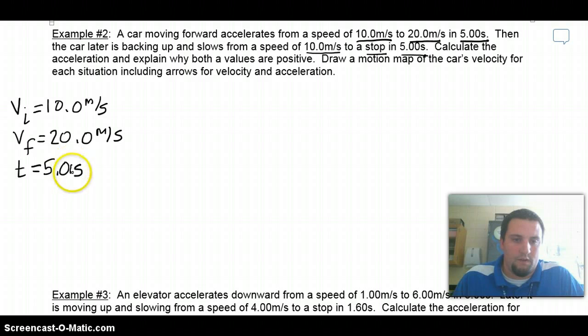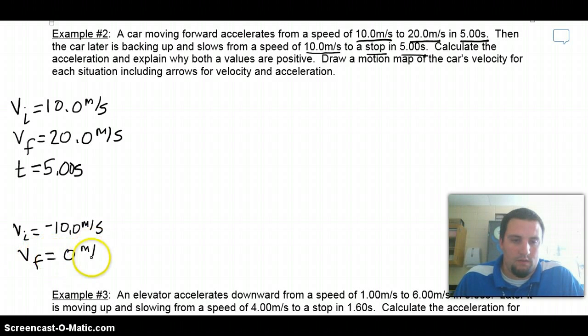Oops, there's 0 there. Then the car later is backing up and slows from a speed of, so then we have a second initial velocity. And it says it is backing up, so we make that initial velocity a negative 10 meters per second to a stop.